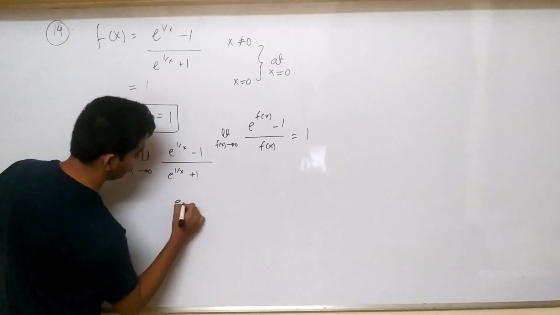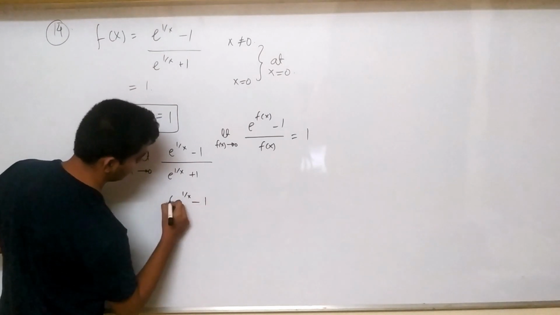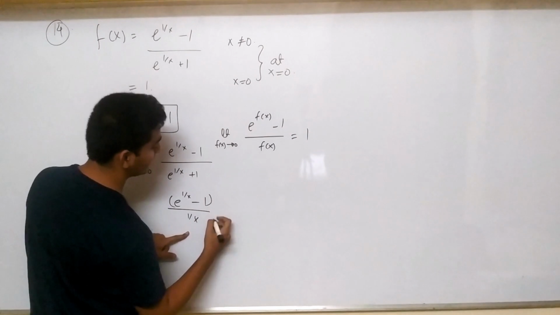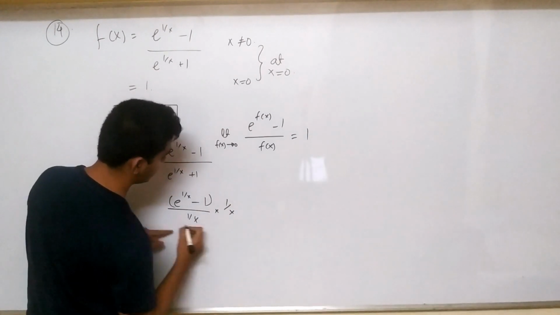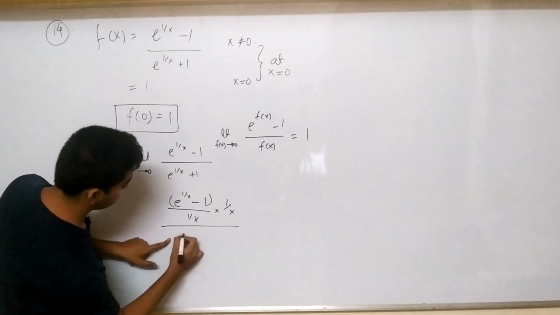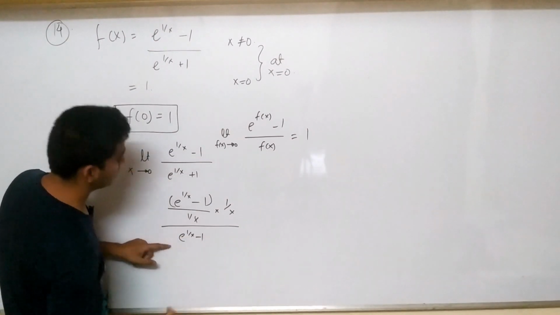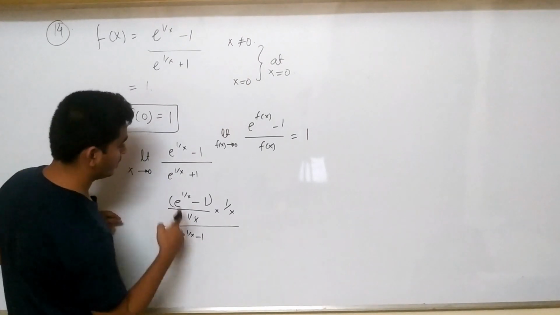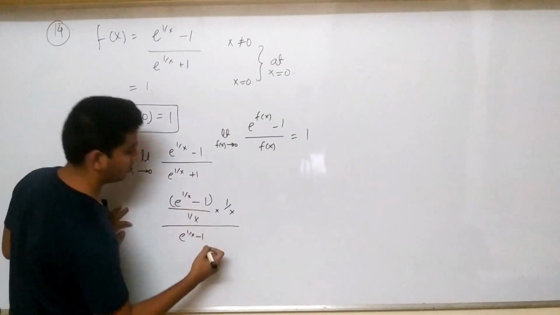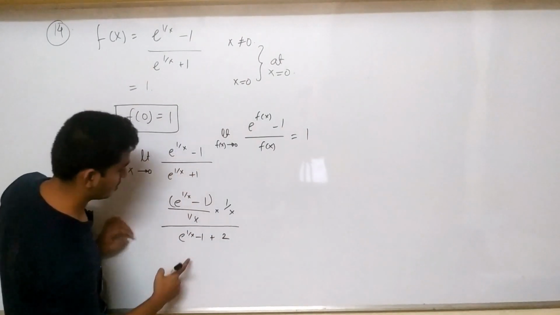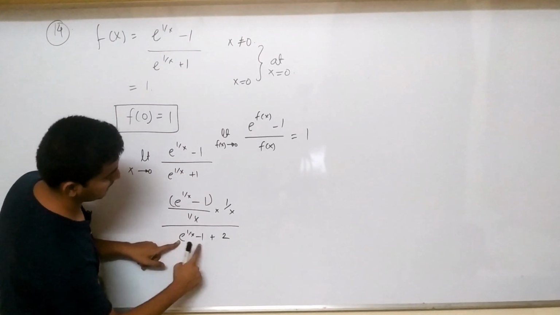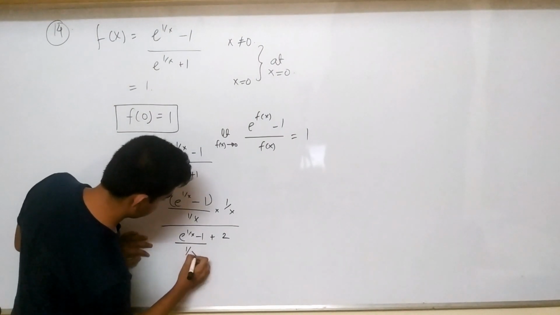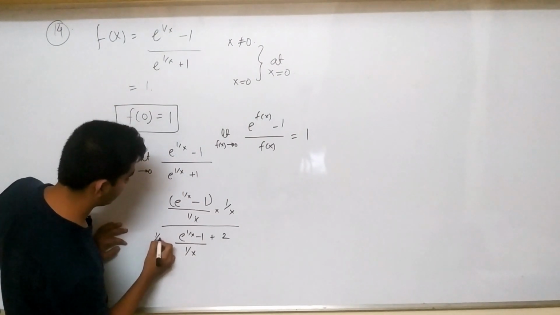So we can say e raised to 1 upon x minus 1, everything divided by 1 upon x, and then we multiply that by 1 upon x, right? And we can also write the denominator as 1 upon x minus 1. Since we have subtracted 1, we have to add that 1. So 1 added to 1 will get 2. Now we need to divide this whole term by 1 upon x, and then we have to again multiply it by 1 upon x.